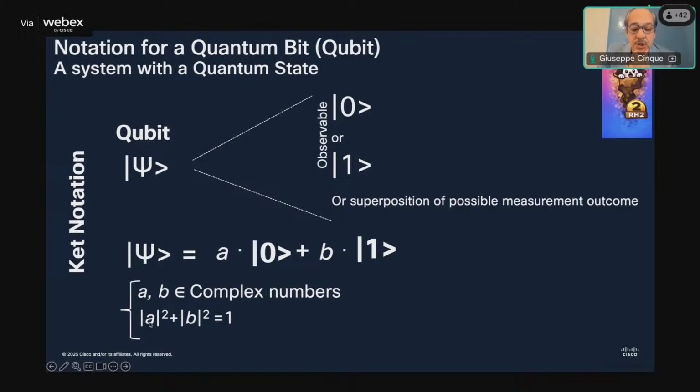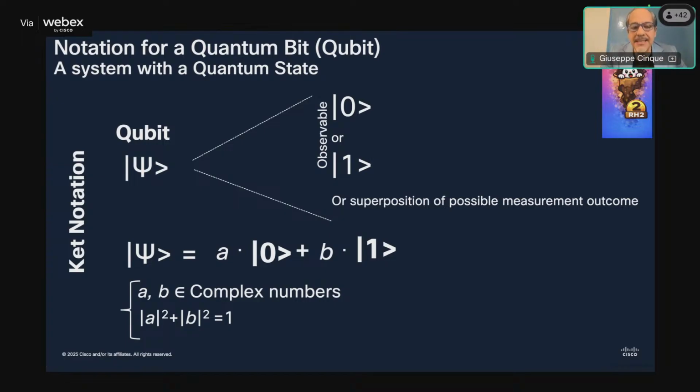The only other condition is normalization: the square of the first plus the square of the second must be equal to 1. Why? Because these coefficients, we will see, are associated with probability, and this condition assures that these numbers look like probabilities. So this is just a notation, but it will become more and more familiar.